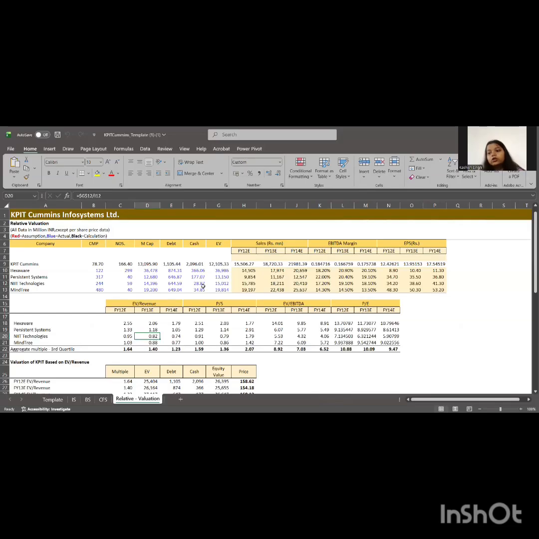Sales are used later in ratio calculations such as EV/sales, which helps us see how much investors are paying for each rupee of sales.